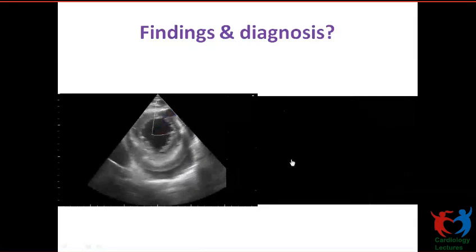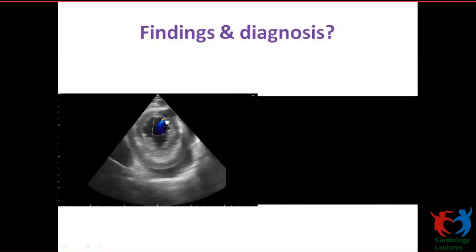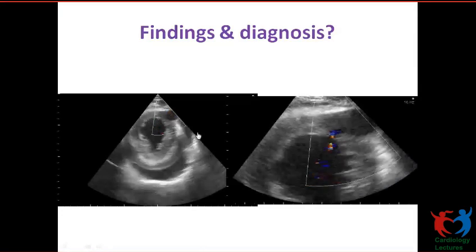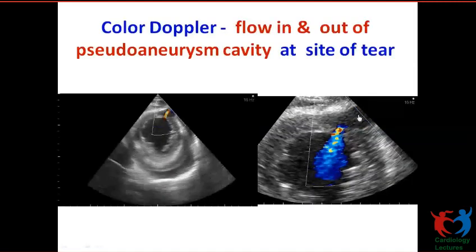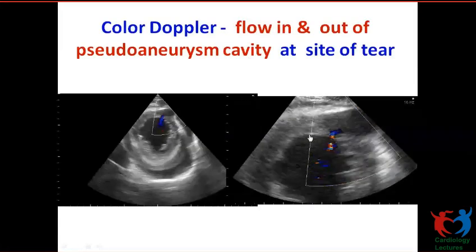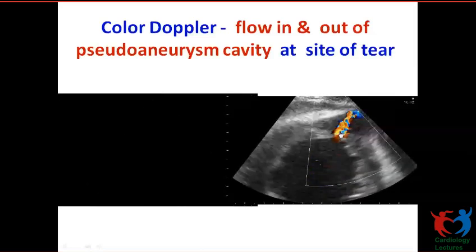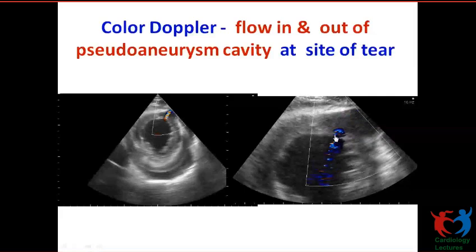Others also try. See, there is a small rupture here, and there is a pseudoaneurysm, and blood is moving in and out. Flow in and out. This is not a classical pseudoaneurysm.